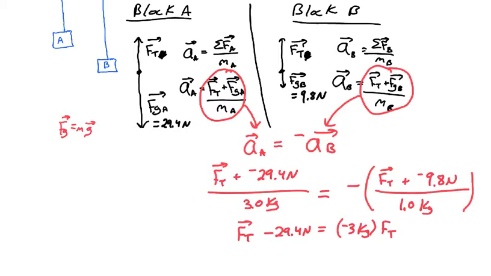Let's actually just cancel out the kilograms here. When I multiply both sides by 3 kilograms, the kilograms will cancel out. So let's just make that negative 3 times Ft plus 9.8 times 3 is 29.4. And now it's just divided by 1 instead of by 1 kilogram because I multiplied both sides by kilograms here. So we have no more denominator at this point.